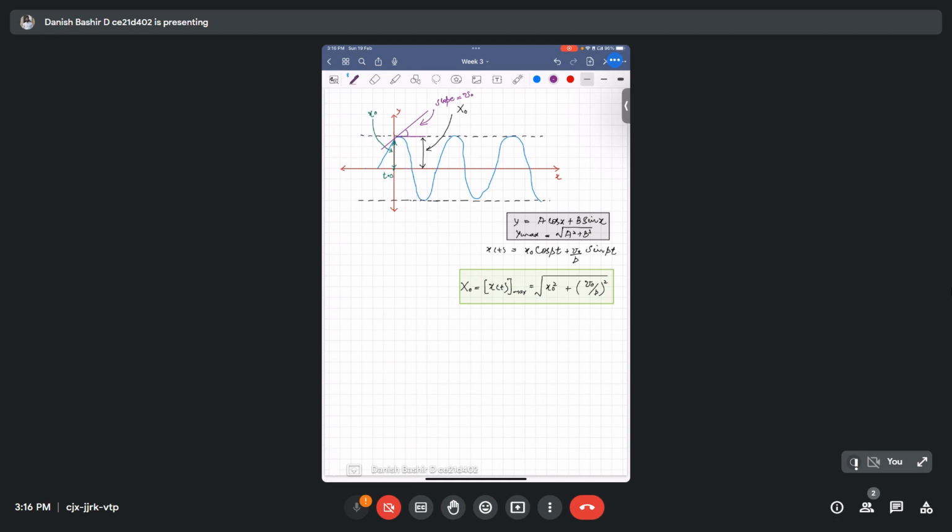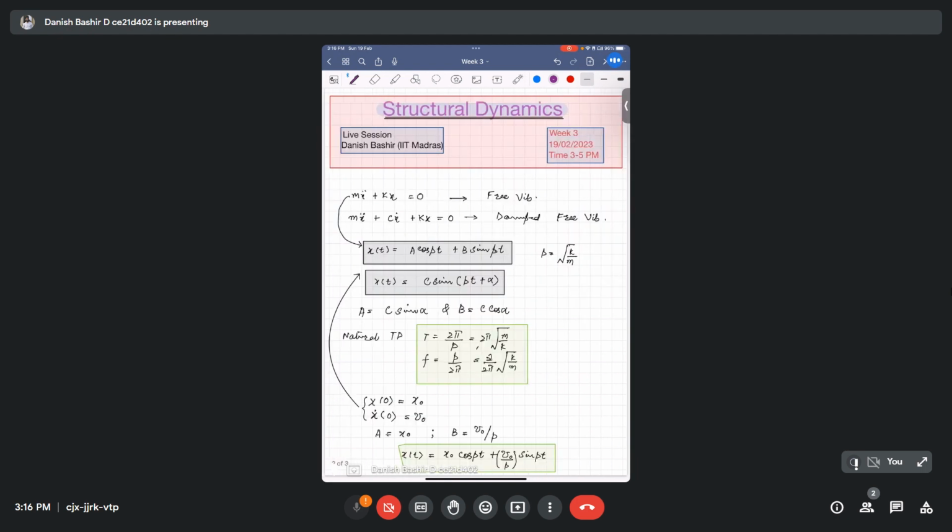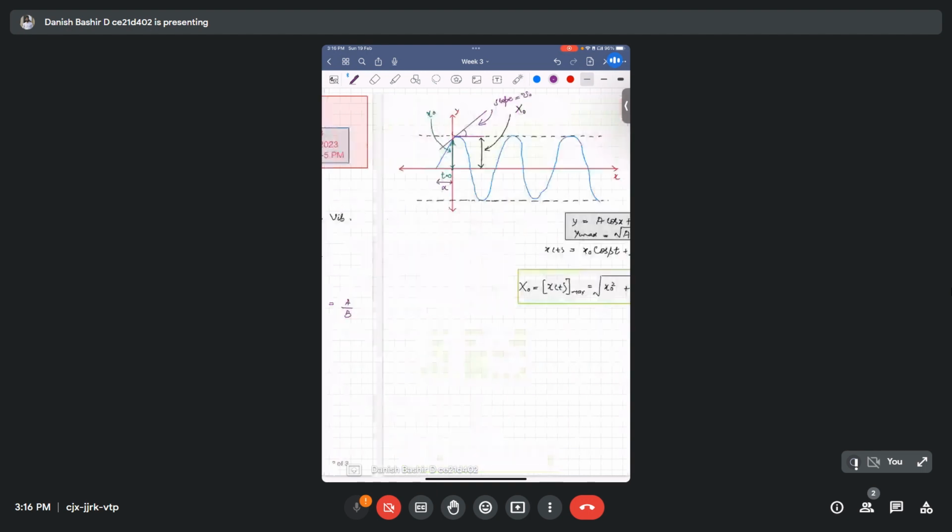And this phase angle alpha will be given by, where we made our substitutions, we can have alpha from these two equations. Tan alpha is equal to a by b.